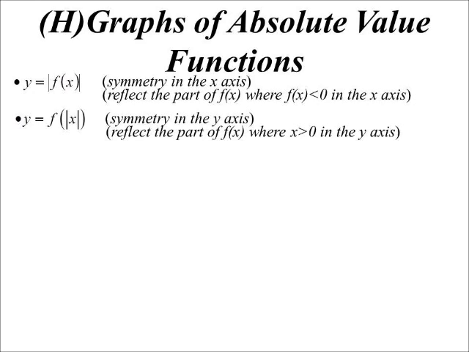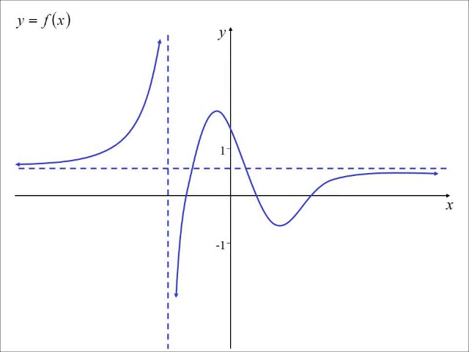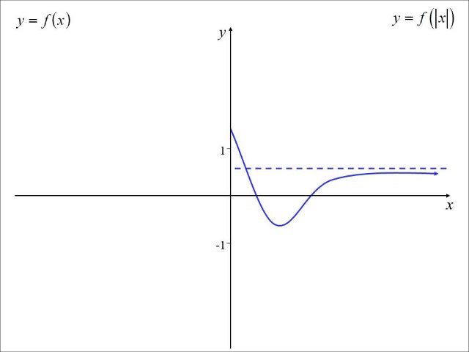Because whether I substitute in -2 or +2, I'm going to get the same answer. So for our random curve, that basically means anything on the left now has gone. It's now impossible to get that because I can't sub in negative numbers. But I'll get what's on the right-hand side reflected over. So that would be function absolute value of x.